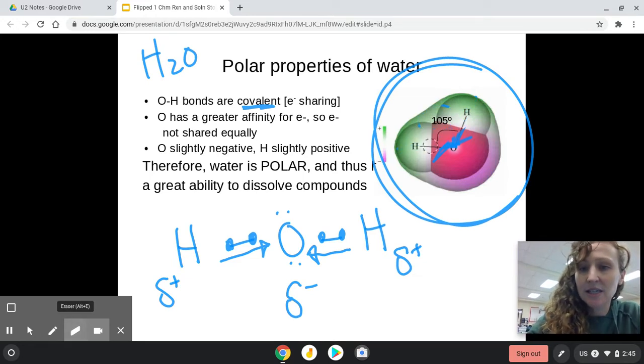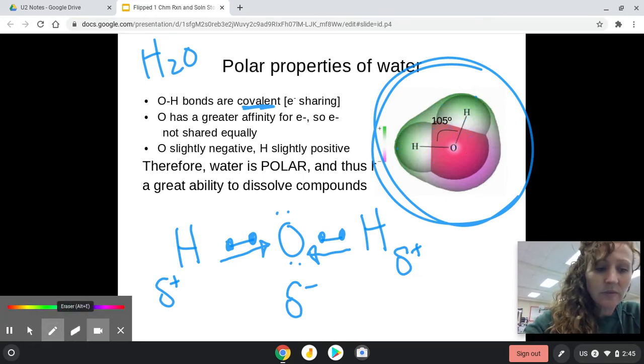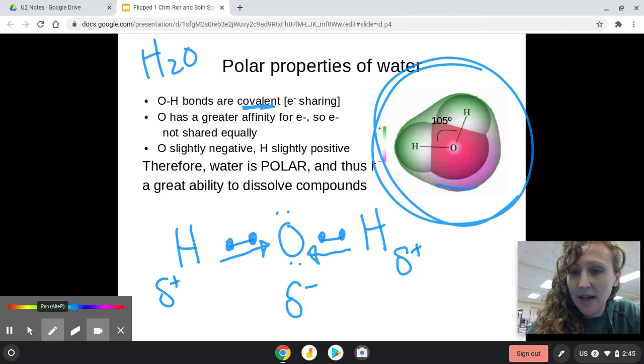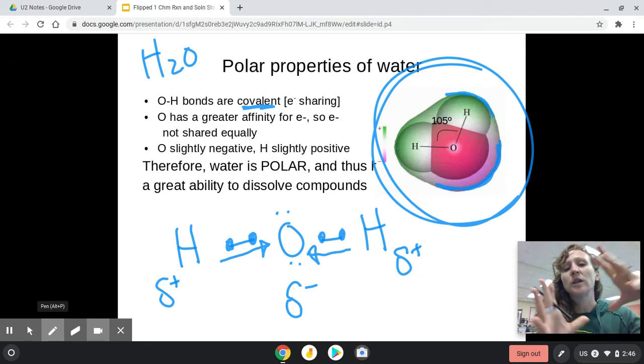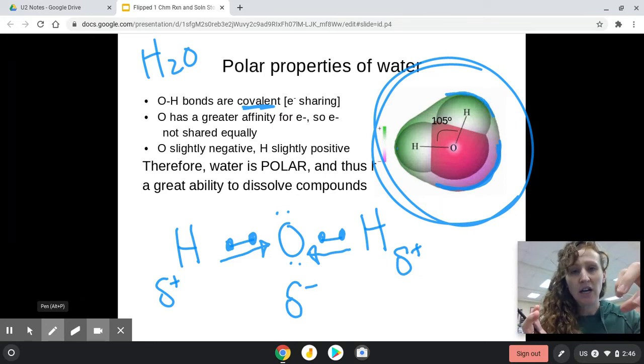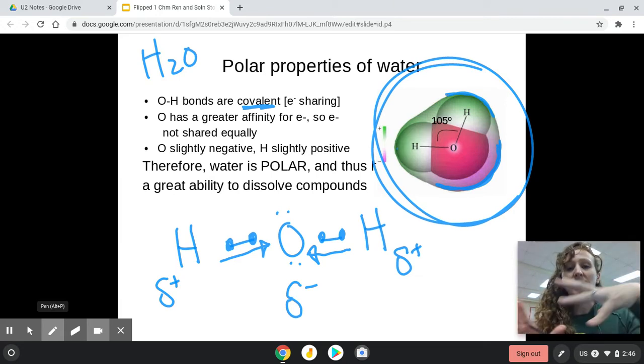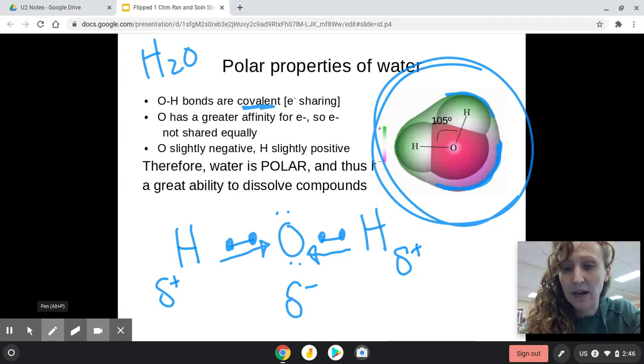And you can see this in this molecule. You can see the red side over here. Notice that it's bigger than the green side over here. And it is showing you the electron distribution cloud. So where do the electrons spend their time? Well, they spend more of their time over here by the oxygen, and they spend less of their time over here by the hydrogen. Also, that's what the red color is supposed to indicate too.